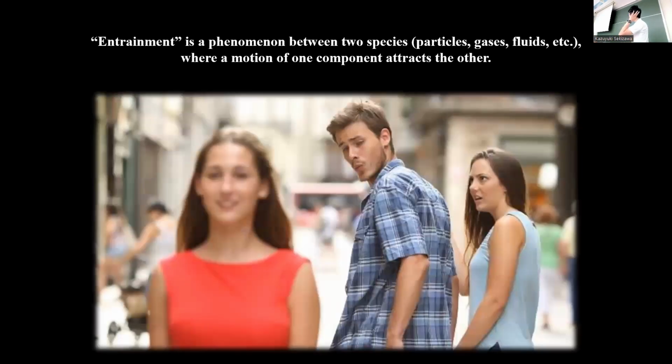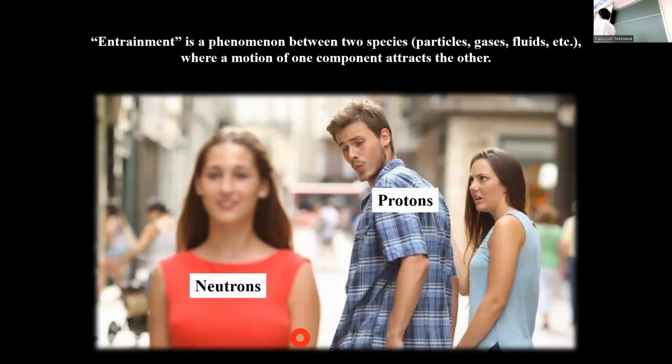Okay. So we can find this kind of phenomenon in daily life. So this guy is attracted by the other component. And in the case of the inner crust of a neutron star, this guy is neutrons, and this guy is protons. Okay.